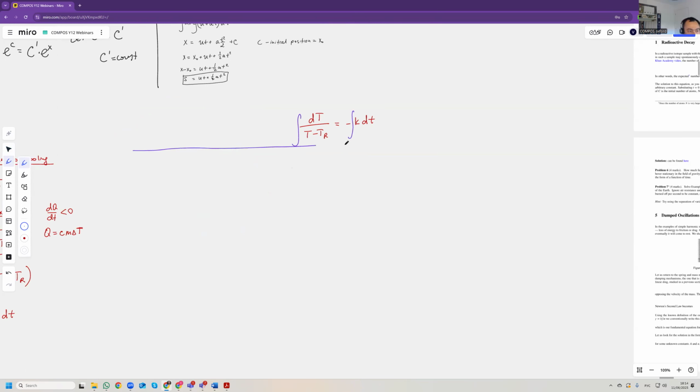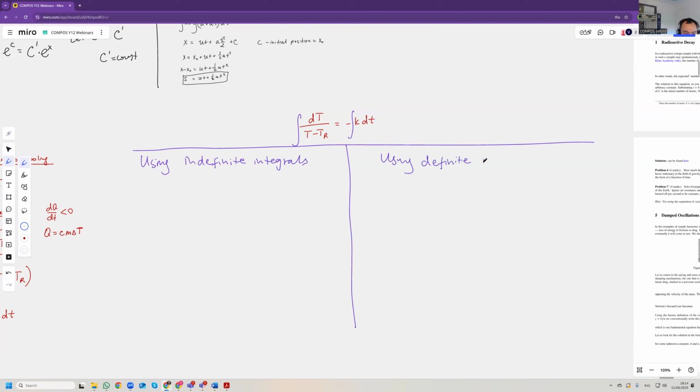So the first approach is using indefinite integrals and the second is using definite integrals.